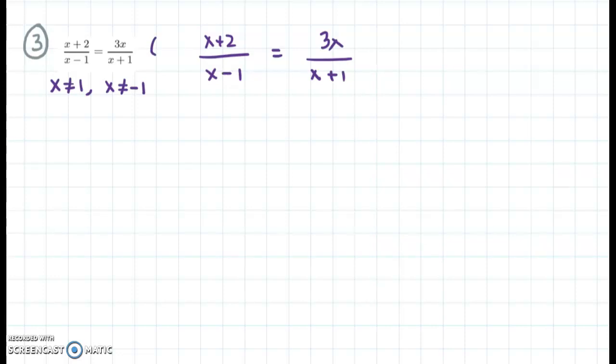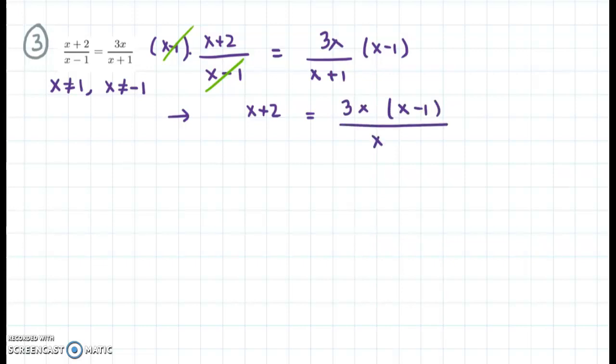Now corrected. I'm going to multiply both sides by x minus 1, so we can get rid of the denominator on the left hand side. And cancel it here. So far we have that x plus 2 is going to be equal to 3x times x minus 1, and all of this is divided by x plus 1.